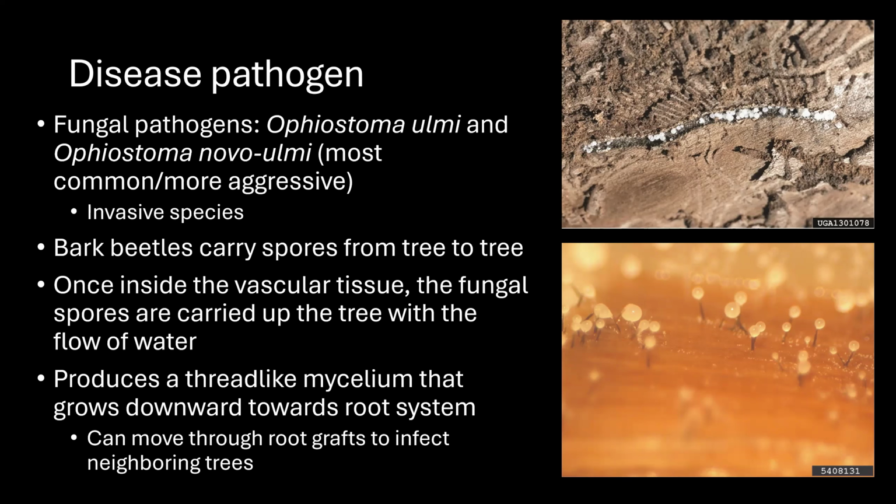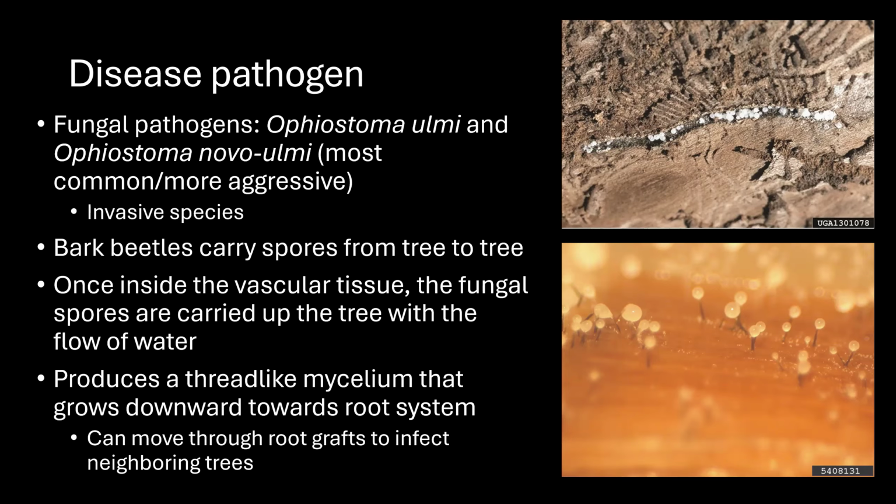This fungus produces a mycelium. It's thread-like in nature, and it is capable of growing downward towards the root system. And even more crazy, it can spread through root grafts to infect neighboring trees.